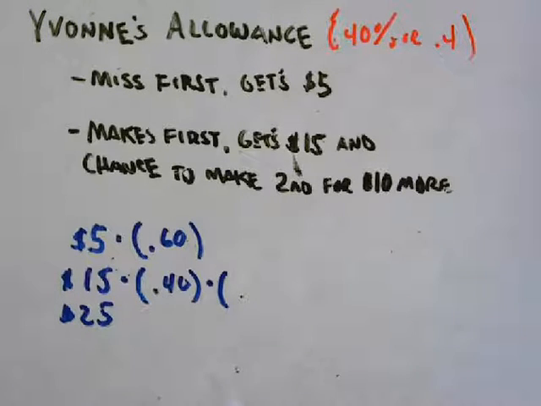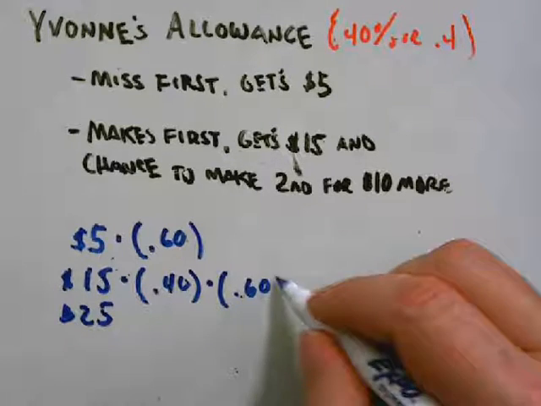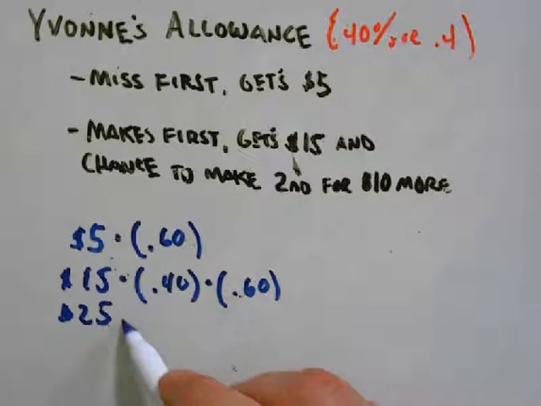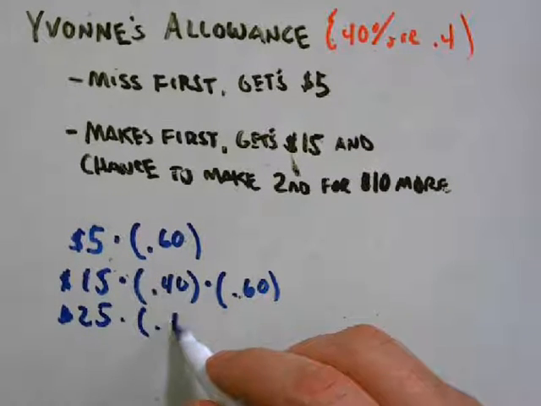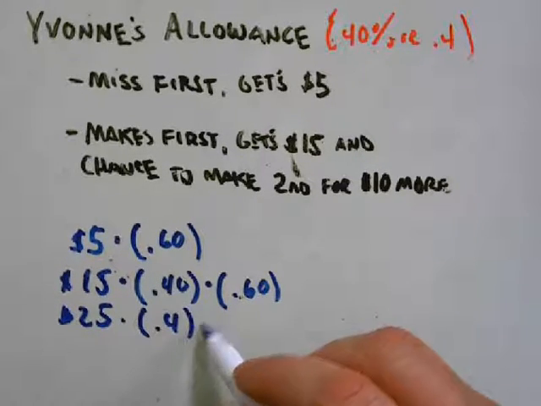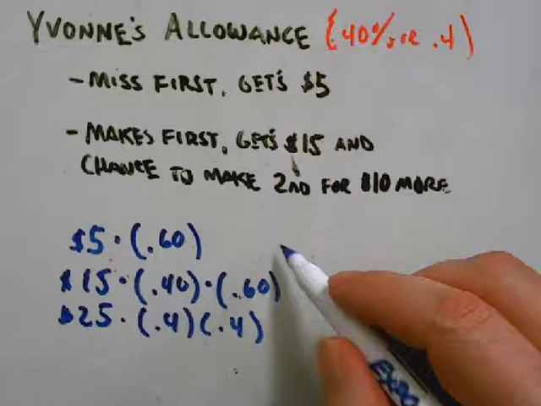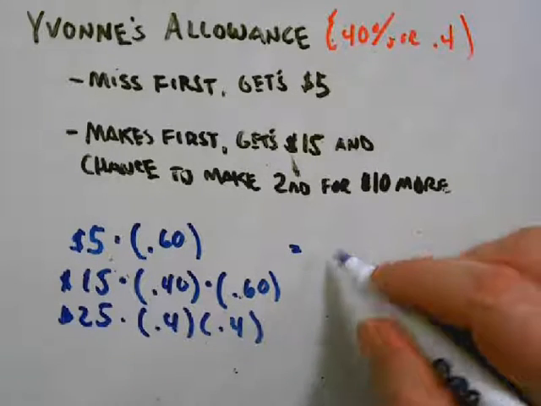And she has to miss the second shot, which is a 60% chance. And the last one has to be that she has to make both shots. So the 40% has to happen twice. So let's just bring these out.